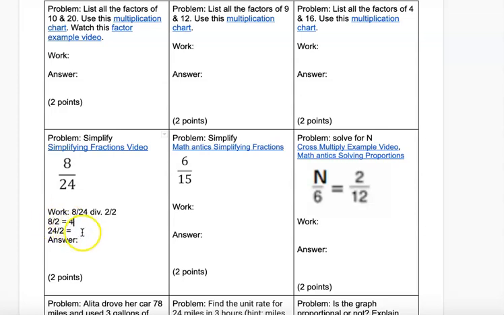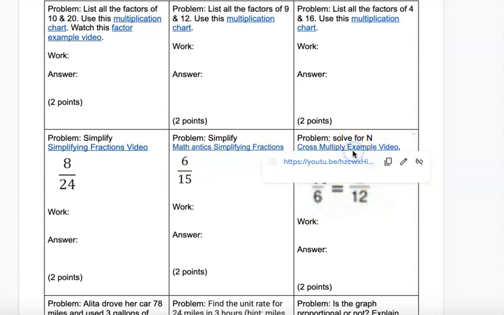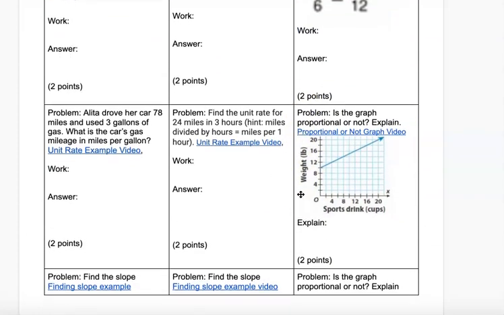But you can continue. I'll actually show you this. 4 over 12, but you could actually reduce again. So I'm going to ask that you keep doing that. For 6 over 15, 15 is not even, but I do notice they are both divisible by 3. And then cross multiply. Remember, cross multiply 12 times n, 6 times 2. You can watch the video for more help.